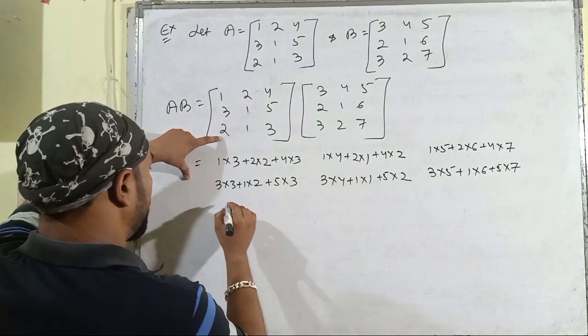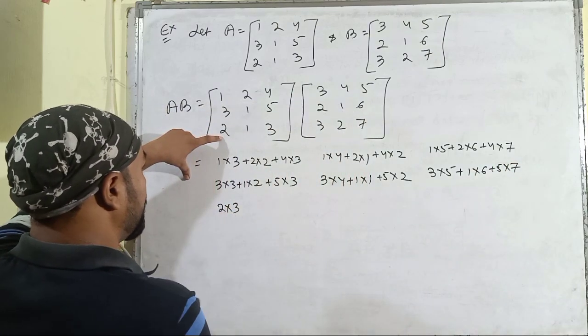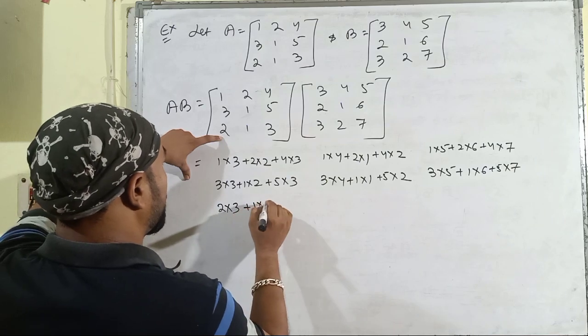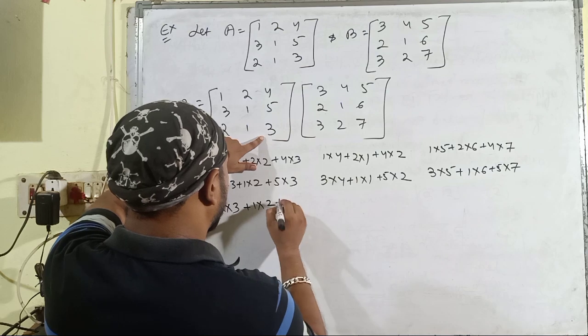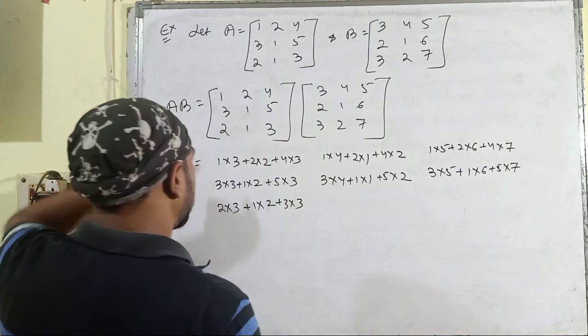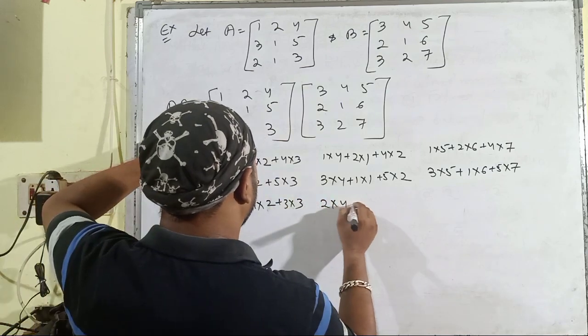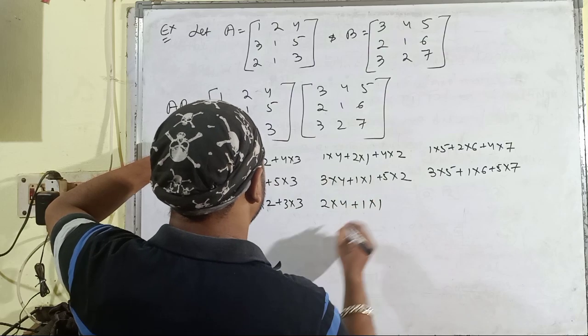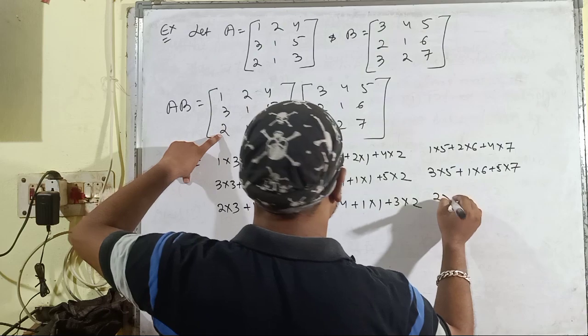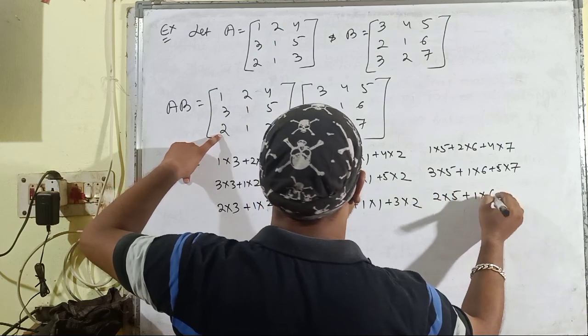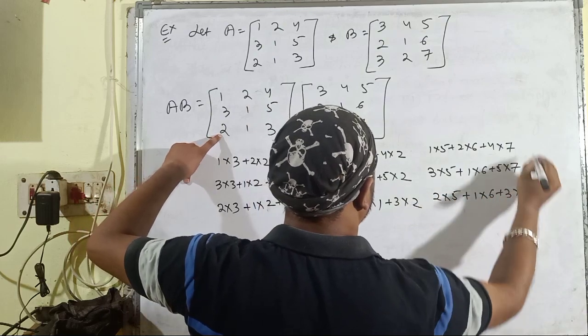Then it is 2 multiplied with 3, 1 multiplied with 2, 3 multiplied with 3, then 2 multiplied with 4, 1 multiplied with 1, 3 multiplied with 2, then 2 multiplied with 5, 1 multiplied with 6, 3 multiplied with 7.